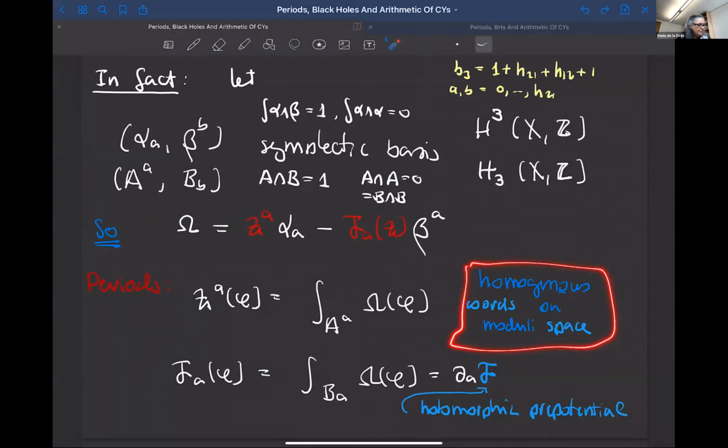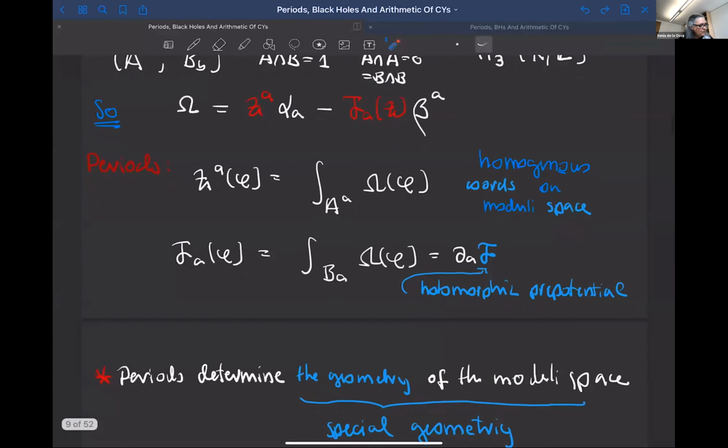So these Z's here, you can take them to form homogeneous coordinates on the moduli space, right? And the F's are in fact, one can show, derivatives of an object called the holomorphic potential, and this is what we call special geometry of the moduli space.